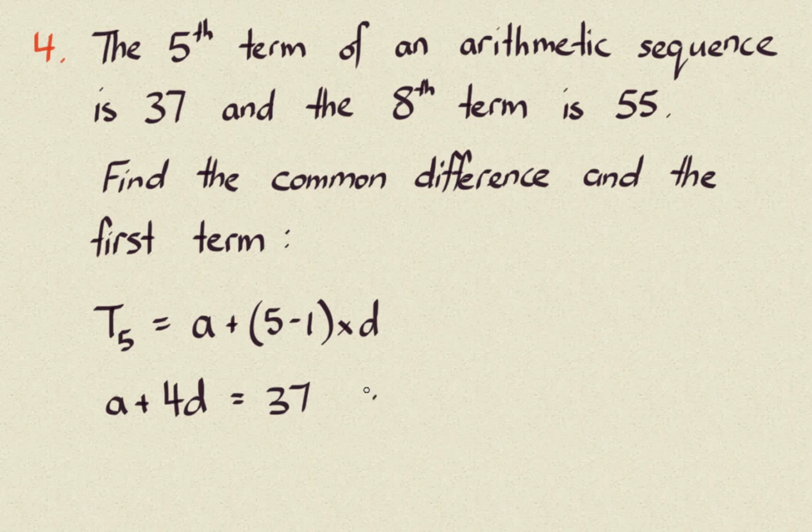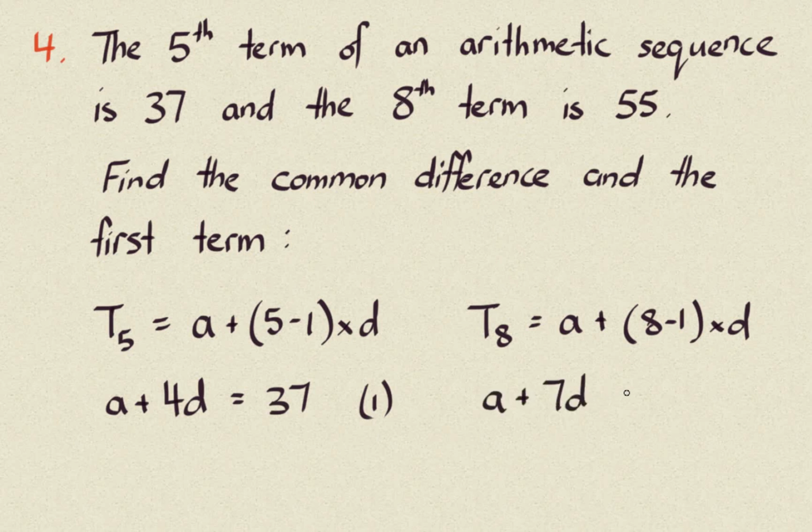That's one equation. Likewise, with the second bit of information, the eighth term is equal to 55. So we can set up a second equation that says a plus 7d is equal to 55.